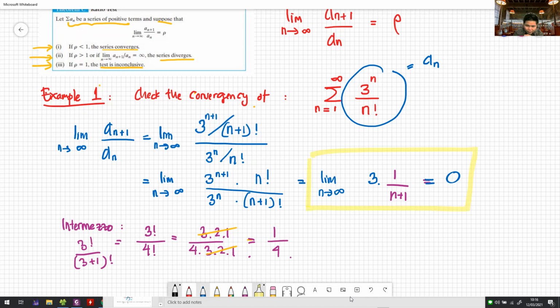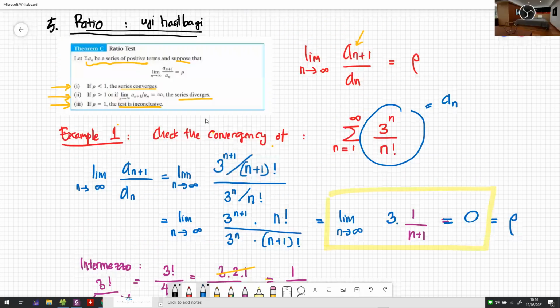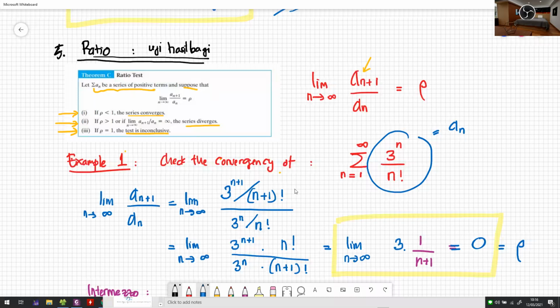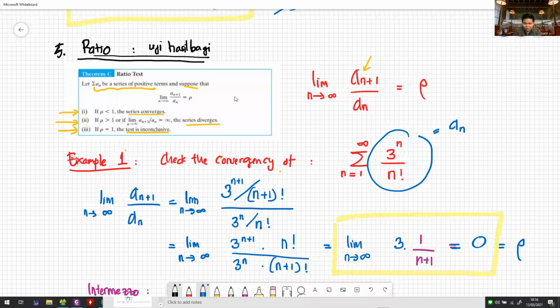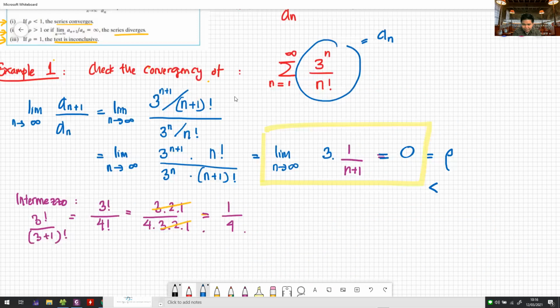This is our rho. If rho is 0, is it less than 1 or not? Let's switch to here. What can we conclude? Less than 1. So this one is actually less than 1. So does the series of a_n converge or not? Convergent. Okay, that's it.